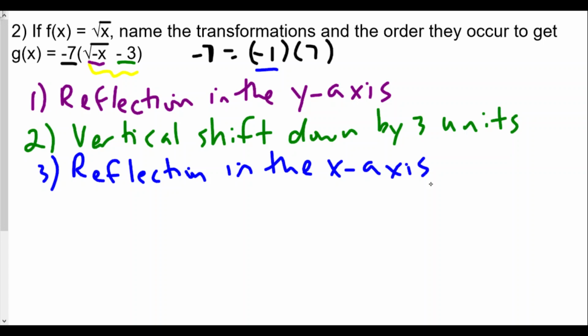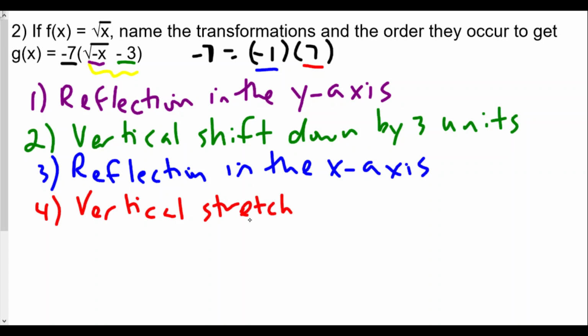Okay. And then finally, the 7 will be a vertical stretch by a factor of 7.